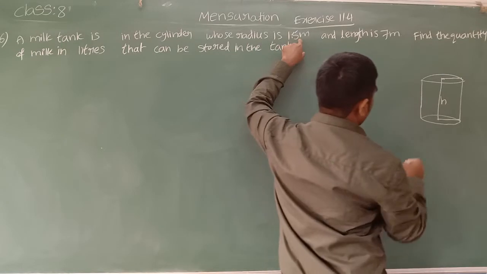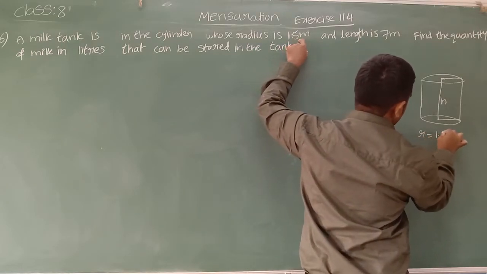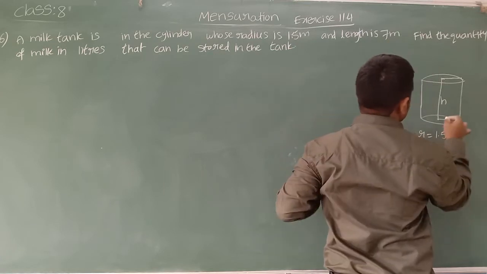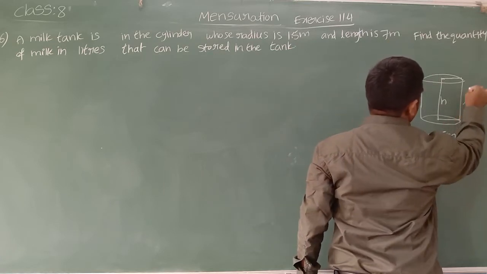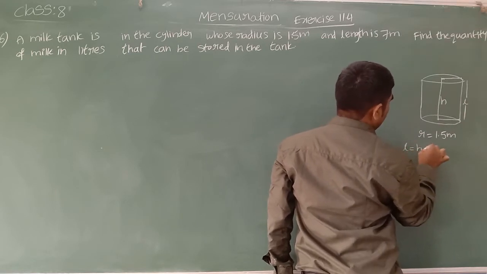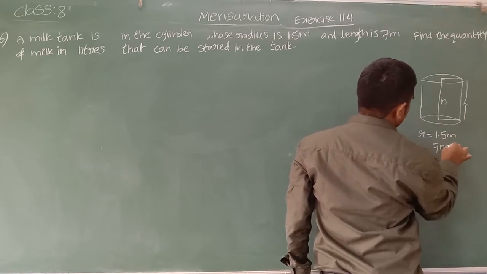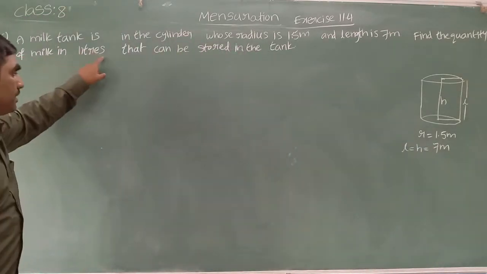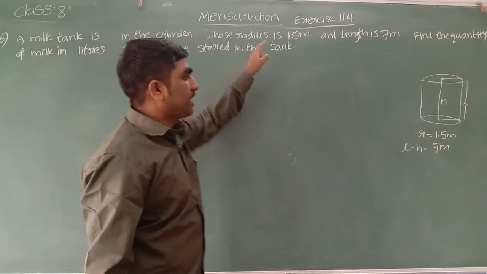The radius of the cylinder is 1.5 meters and length is 7 meters. Length is nothing but height here. Height is also called length. So height is equal to 7 meters. Find the quantity of milk in liters that can be stored in the tank.